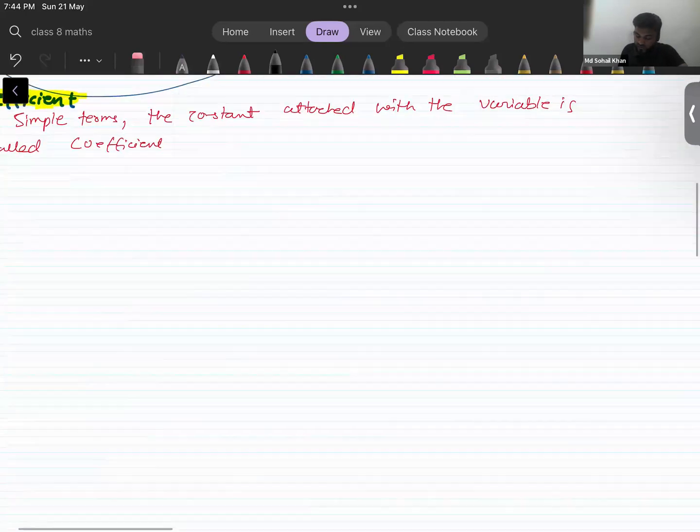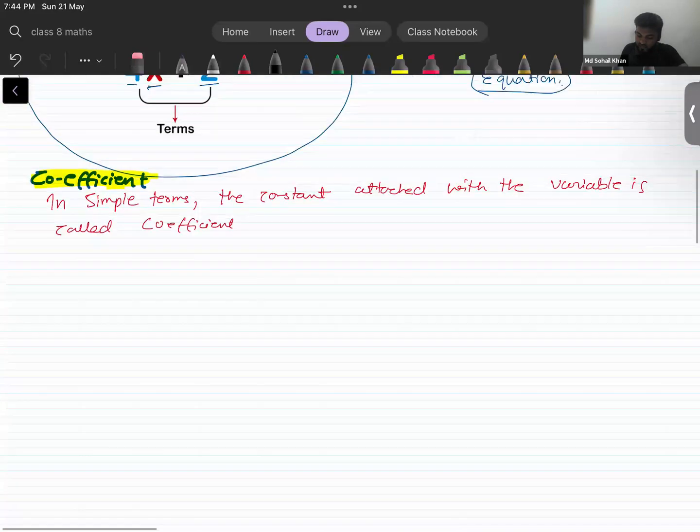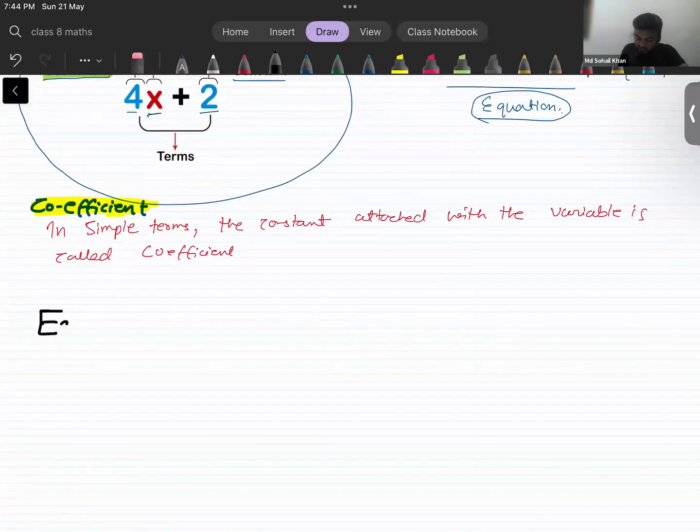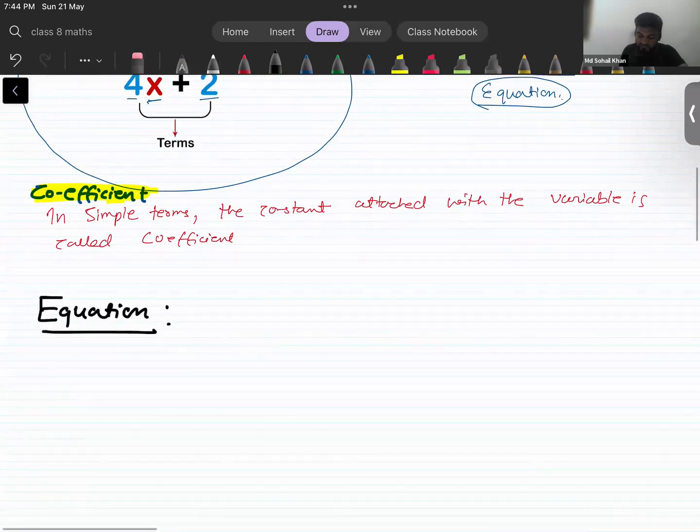Now, if we talk about an equation, what would be the definition of an equation? Any numerical expression with an equals sign. Exactly. It's a numerical expression in which constants and variables are used, with the sign of equality.